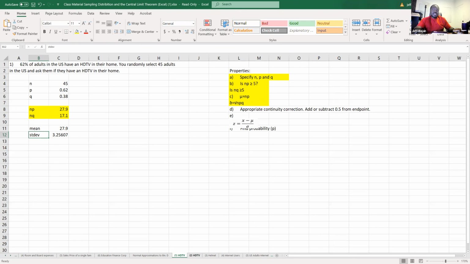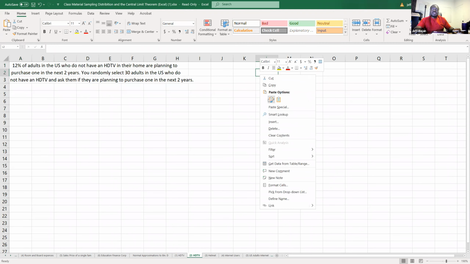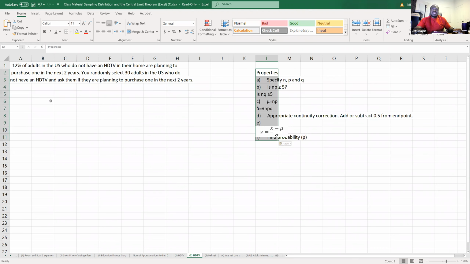Same thing with this one. We can try this one too, because it also shows you some of the basic things to look for. Here it says 12% of adults in the US who do not have HDTV in their homes are planning to purchase one in the next 2 years.